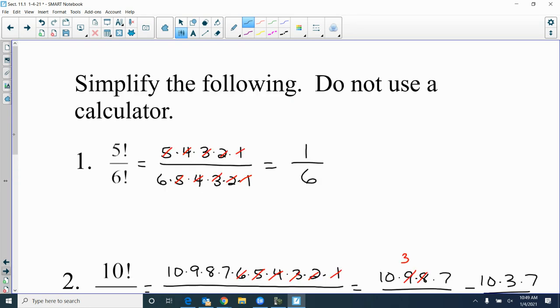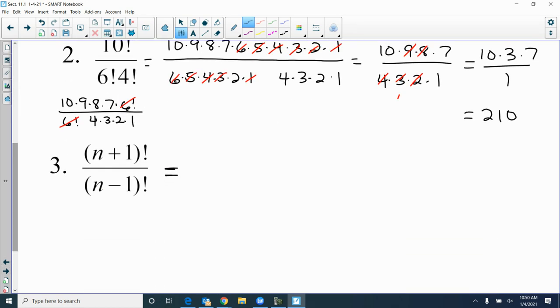Well, I'm starting with n plus 1. So that needs to be the first thing in my multiplication. What's going to be the second term? What do we always do? We always subtract 1. Well, what's n plus 1 minus 1? It's just n. And then I subtract 1 from there, so it's going to be n minus 1.